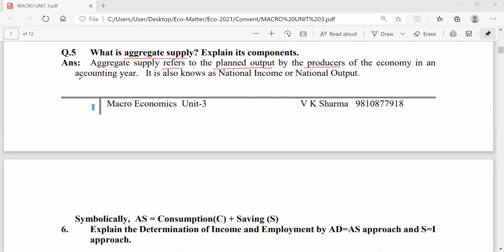And I have also told you just now by the schedule that it is also known as national income or national output. So symbolically, you can say that AS equals C plus S, that means consumption plus savings. This is the aggregate supply concept.